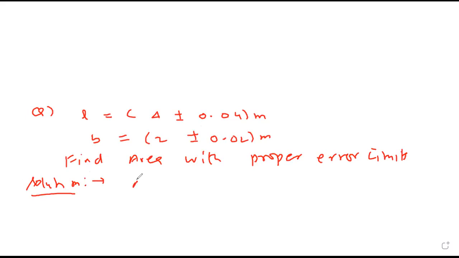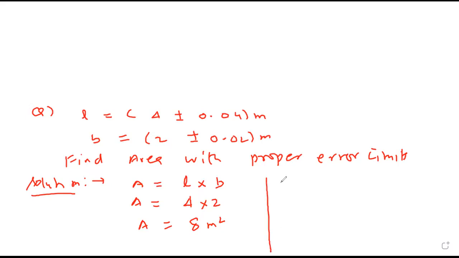What is the area formula? Length into breadth. So first operation you will do as it is without error: 4 into 2. So area is 8 meters square. First part, I hope you all followed.